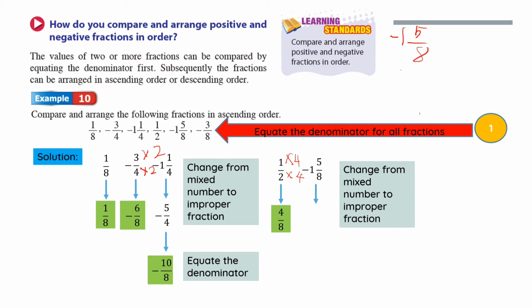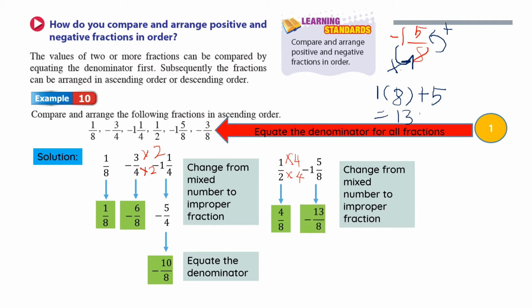If we want to change to improper fraction, we need to multiply 1 by 8, then plus 5. 1 times 8 plus 5, we will get 13.